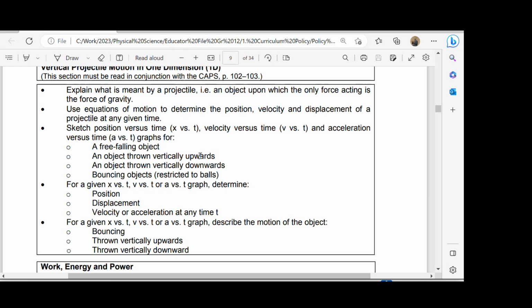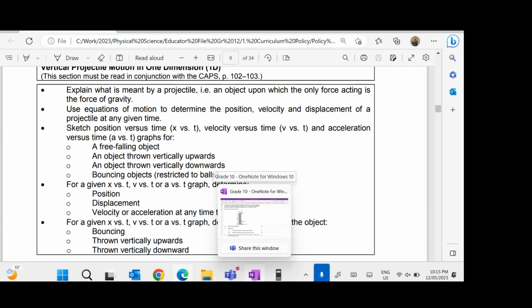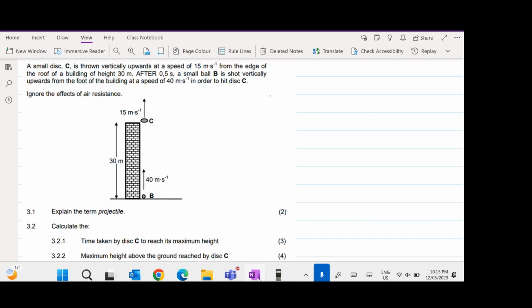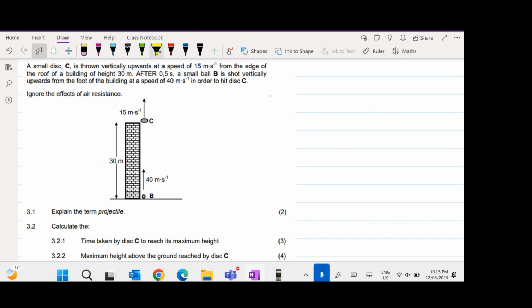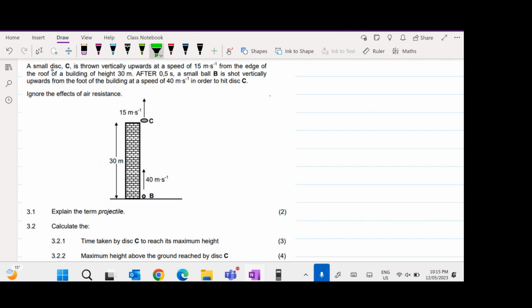You should be able to sketch velocity versus time graphs and acceleration versus time graphs. So the question we are going to look at would help us do one of those that we are expected to do. Read your question. It is very important to make sure you have understood what is expected of you. A small disk C is thrown vertically upwards at a speed of 15 meters per second from the edge of the roof of a building with a height of 30 meters.